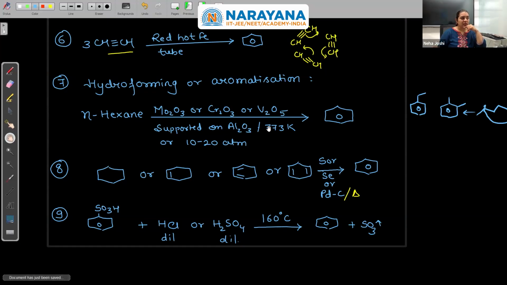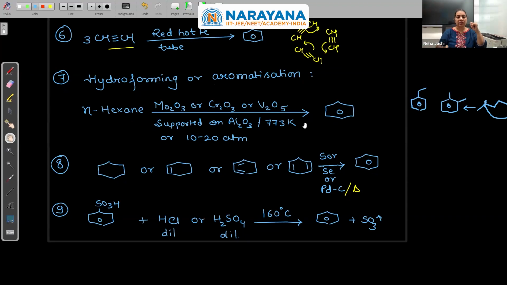Temperatures are quite high, pressure is high, and aromatization is taking place. There are other methods also of aromatization once the ring gets the cycle. Here the structure is not cyclic. They started with open chain and so these are the catalysts. But if they start with any cycle, at least the loop is done.